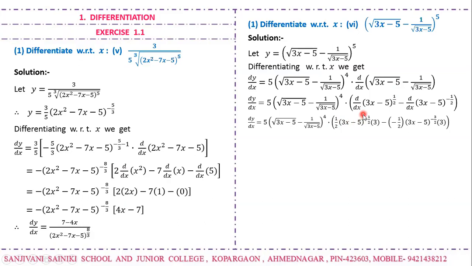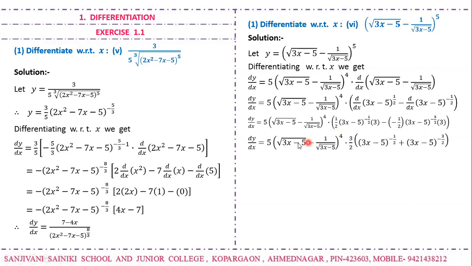So 1 upon 2 minus 1 is minus 1 upon 2, into f dash of x. F dash of x means the derivative of 3x minus 5. The derivative of 3x is 3. The derivative of minus 5 is 0. So what you get is 3. Similarly, differentiate (3x − 5) raised to minus 1 upon 2 with respect to x. You get this.